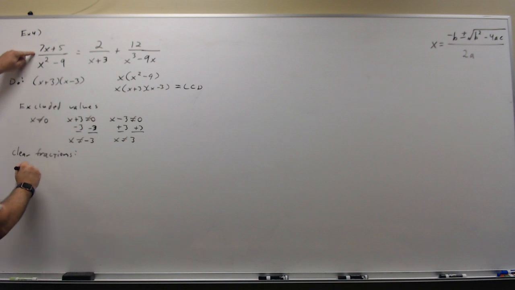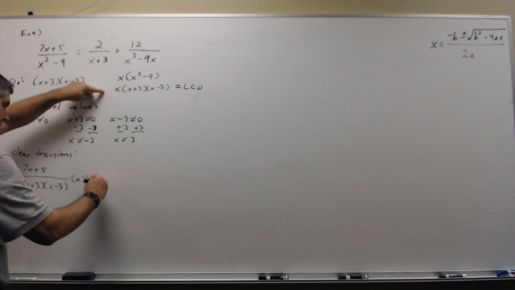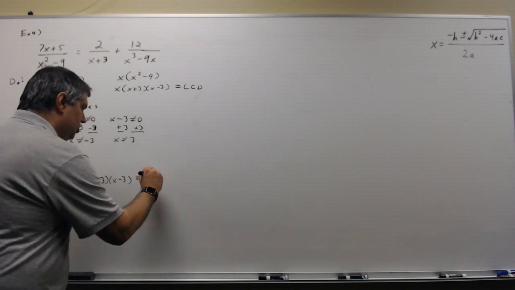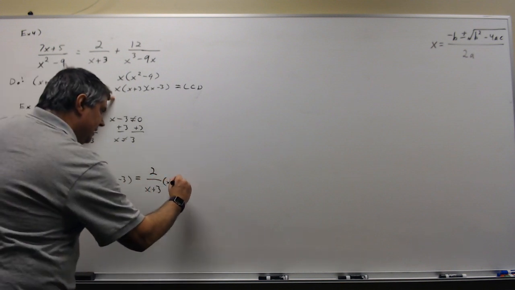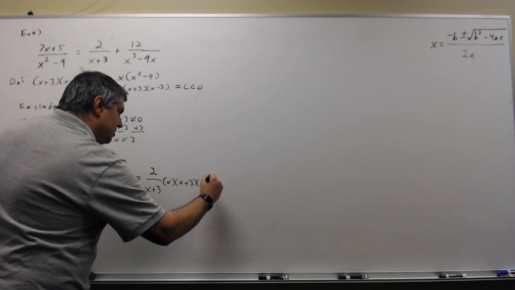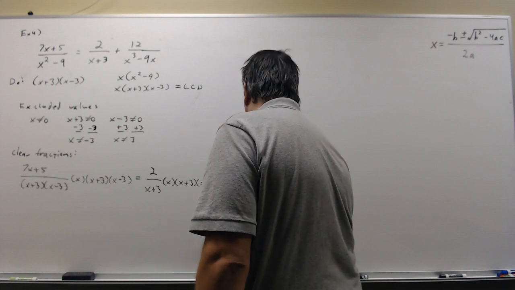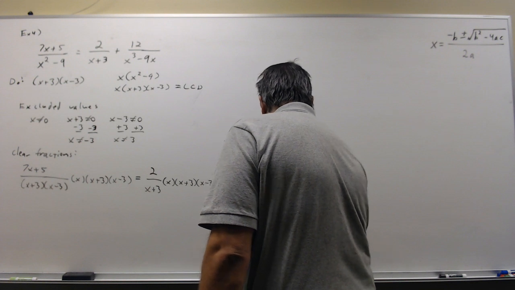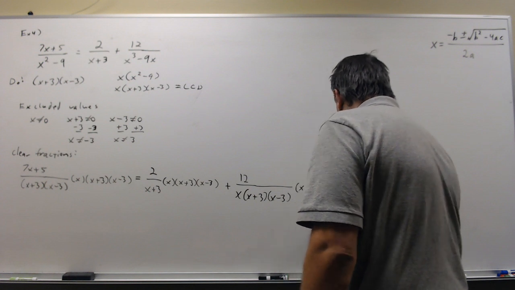That'll be 7x plus 5 over x plus 3, x minus 3, times x plus 3, x minus 3, equals 2 over x plus 3 times x plus 3, x minus 3, plus 12 over x plus 3, x minus 3, times x plus 3, x minus 3.